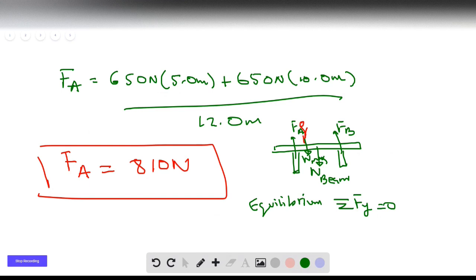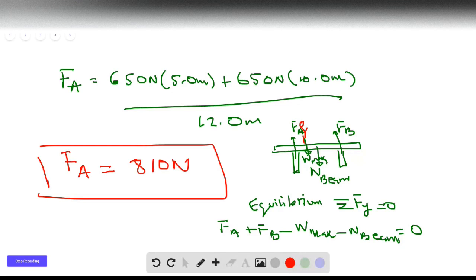That means that F of A plus F of B minus W max minus W beam equals 0.